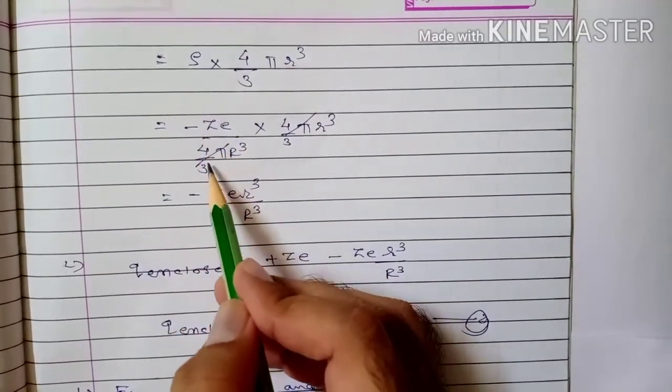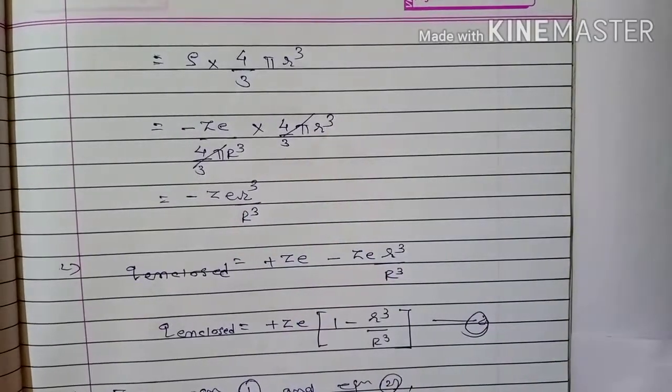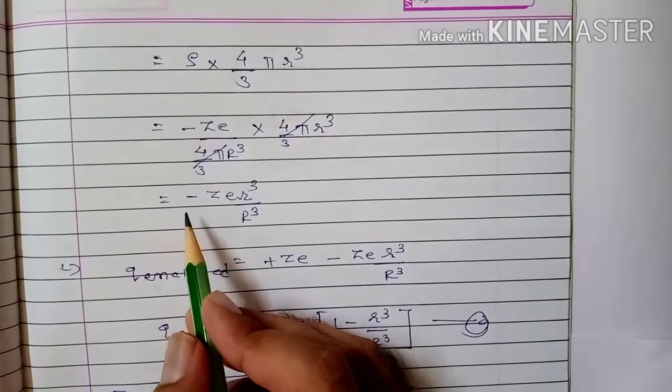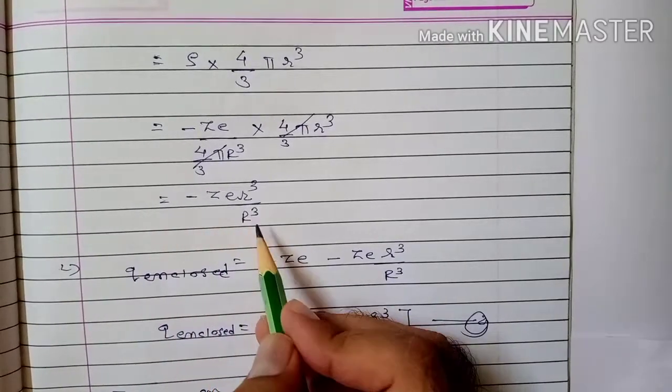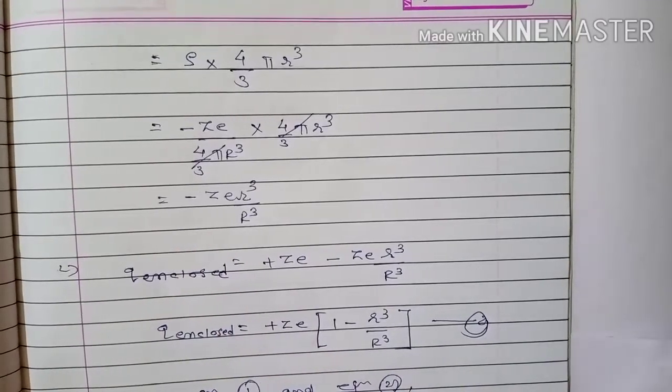Rho, that is minus Ze upon 4 by 3 pi capital R cubed, into 4 by 3 pi small r cubed. 4 by 3 pi will get cancelled. What will remain? Minus Ze small r cubed upon capital R cubed. This is the negative charge enclosed by the Gaussian surface.